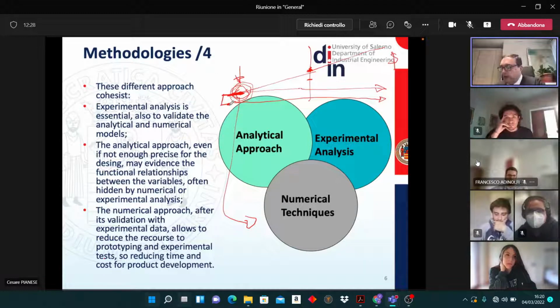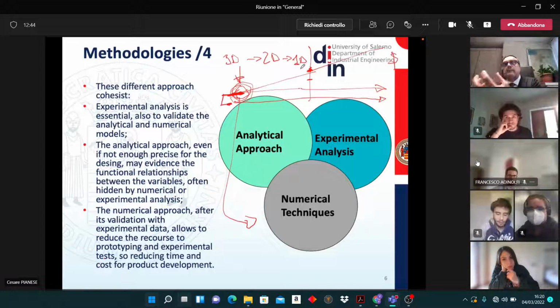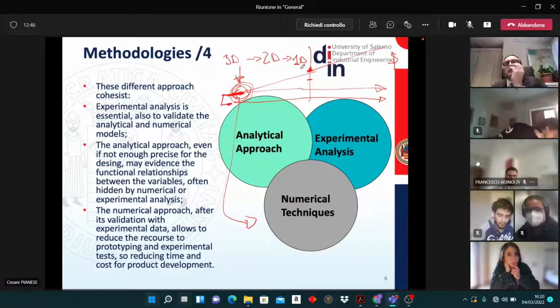Even if you reduce from the 3D Navier-Stokes equation to, let's say, 2D, 1D, or even 0D or whatever.